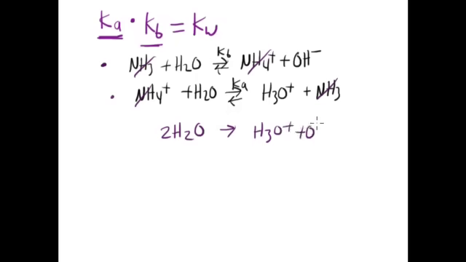And this one, of course, forms equilibrium with the equilibrium constant called Kw, where you get 10 to the negative 7th molar hydronium and 10 to the negative 7th molar hydroxide. So if you add up these two equations to get a third equation, if you want the K value, you multiply the equilibrium constants.